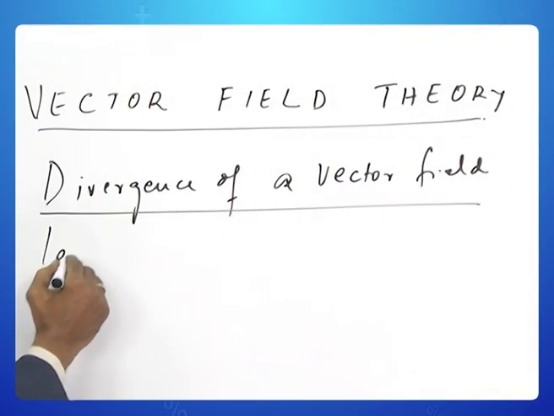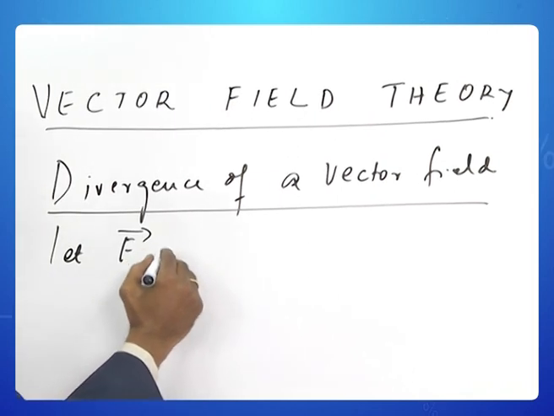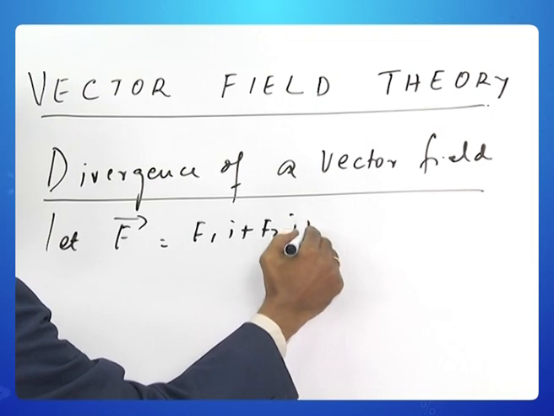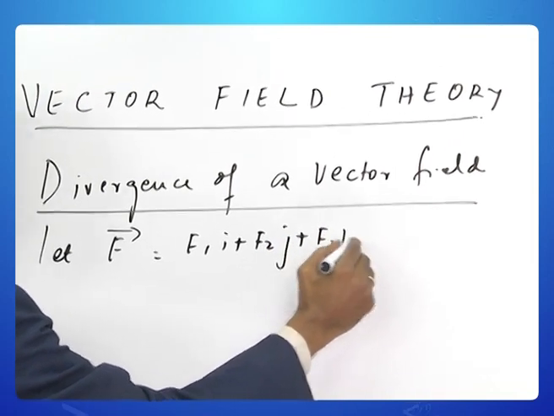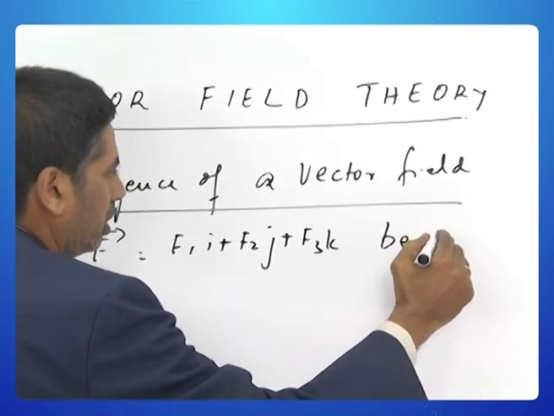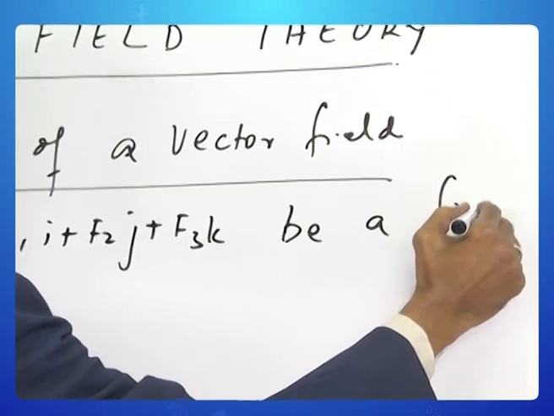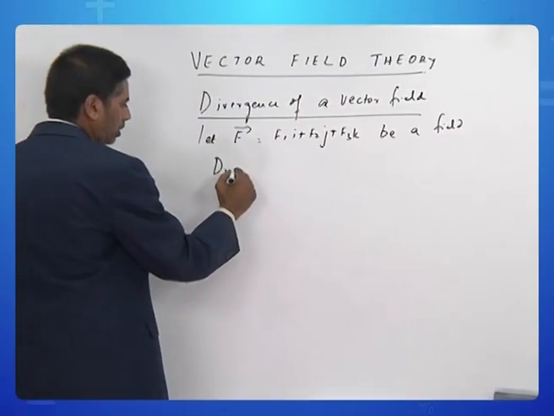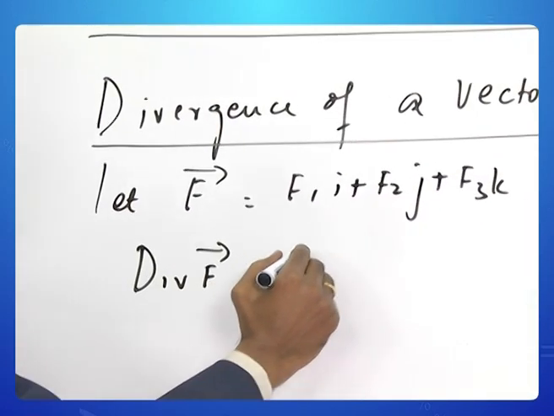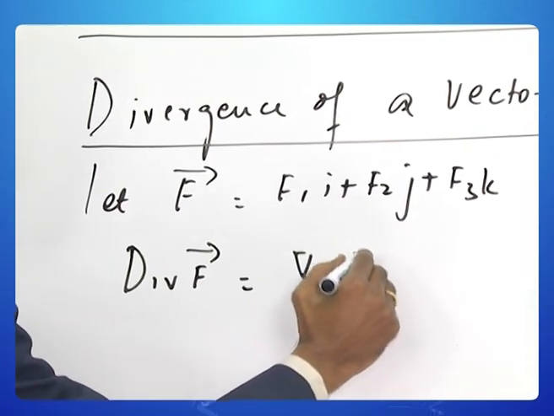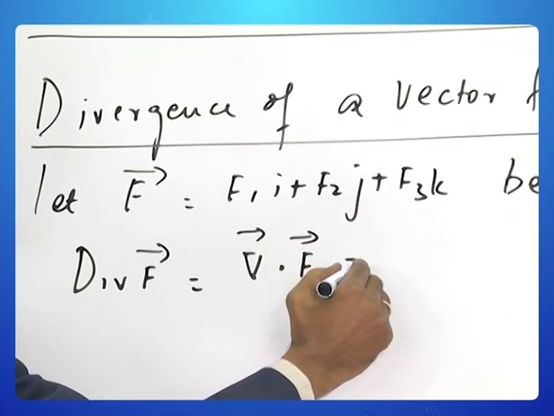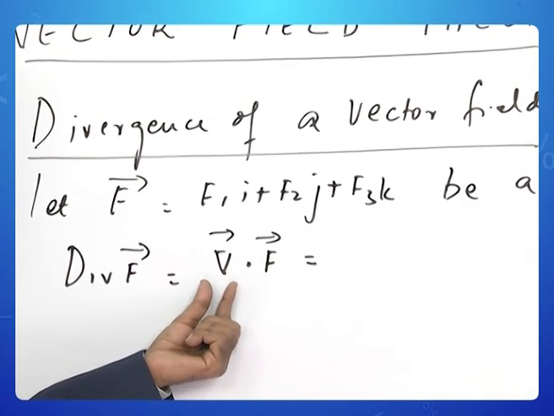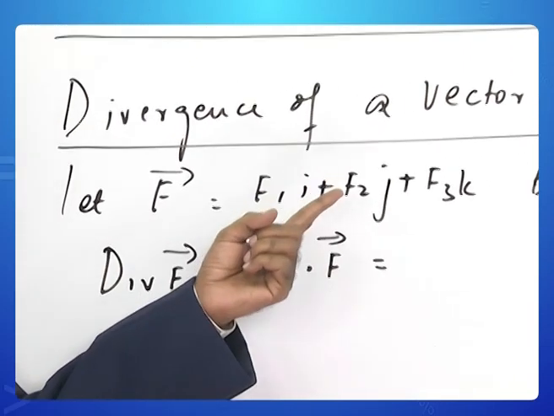So, if you let f is equal to f1i plus f2j plus f3k to be a field, divergence of f is defined as del dot f. So, take the vector differential operator and take dot product with f.